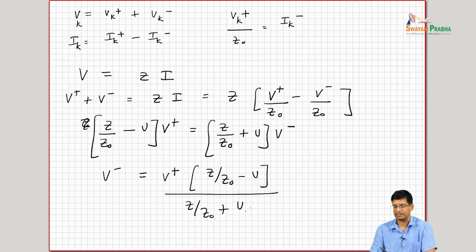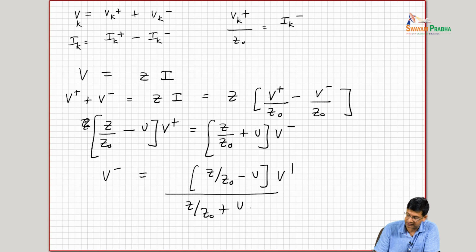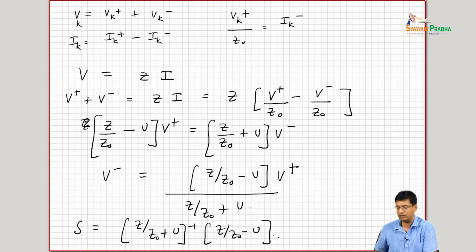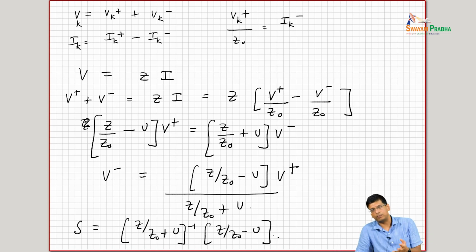So to be consistent with matrix notation, I'll move it to the other side, right? So then I'm basically saying that my S parameters are Z over Z naught plus U inverse times Z over Z naught minus U, right? So there is a one-to-one correspondence between the Z and the S, right?